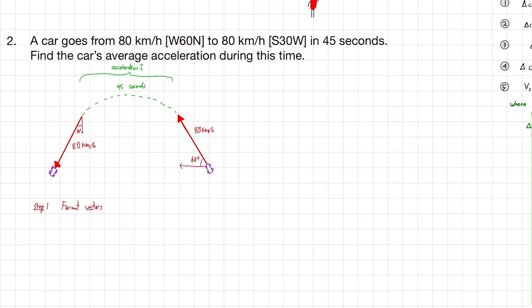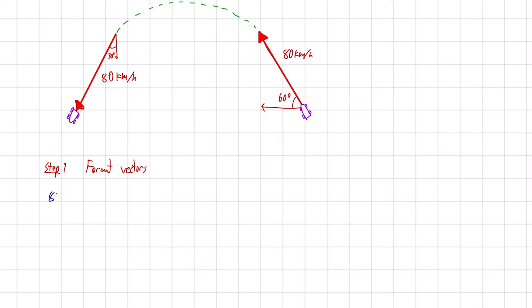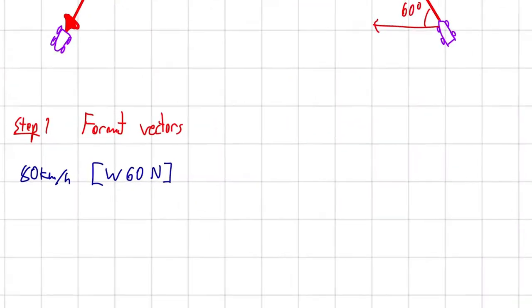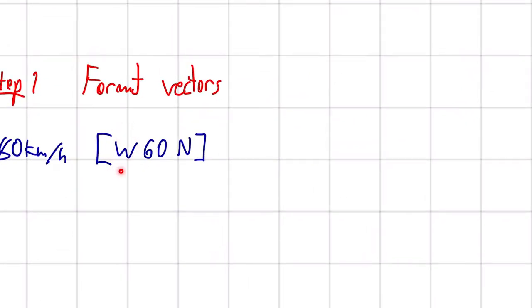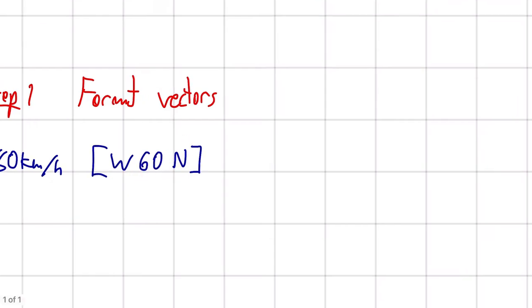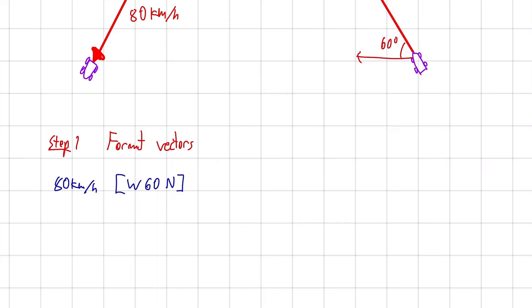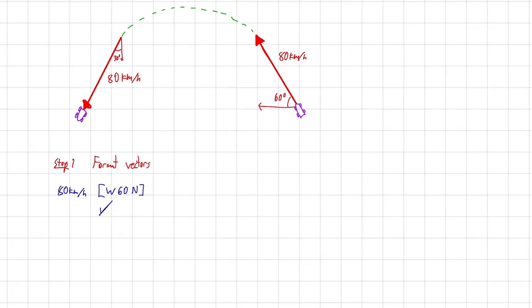It's 80 kilometers per hour, and its direction, we have it in a format that we can use. It's west 60 north. Remember, we want our direction in the east or west direction first, followed by an angle, followed by a north or south. So our first vector we're given, that's in good shape.